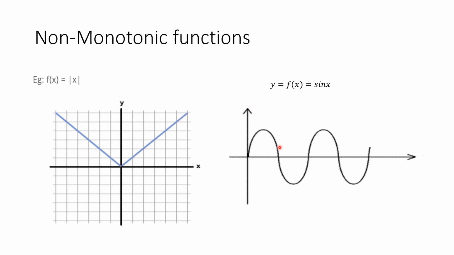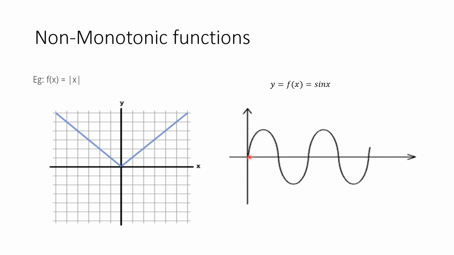If you take the second graph, that is a sine graph. Here this one is 0 at this point, pi by 2, this one is pi, this one is 3 pi by 2, and again it is 2 pi.